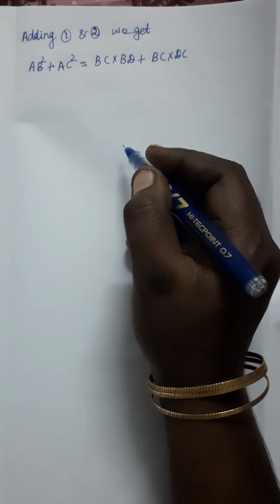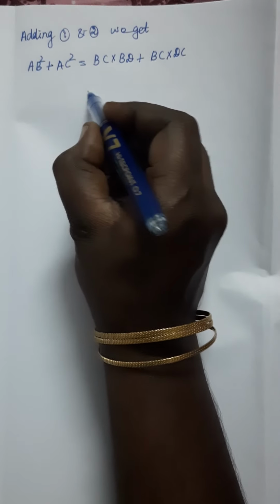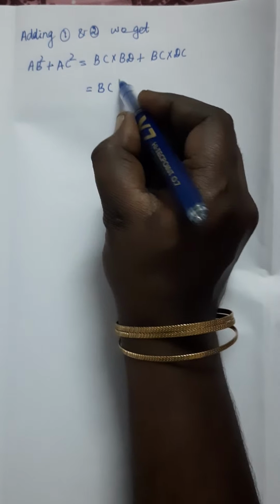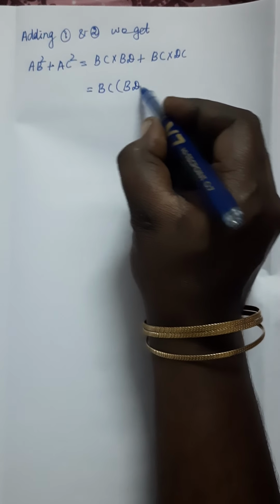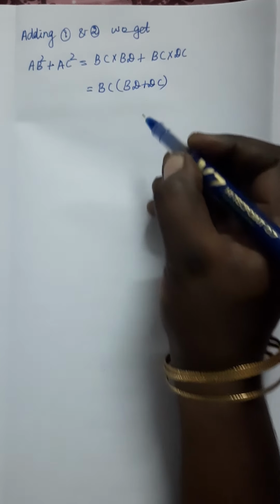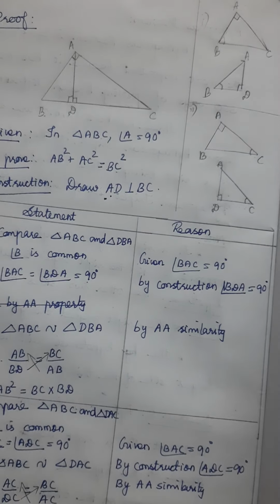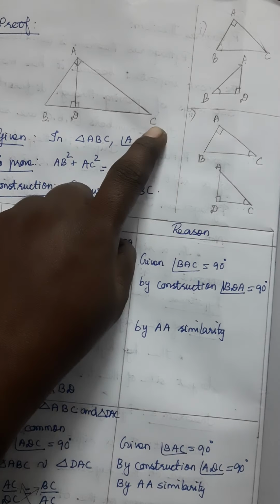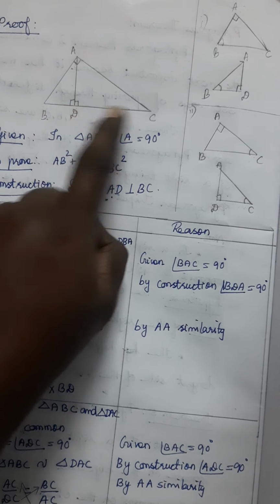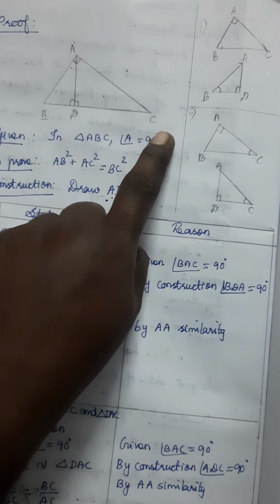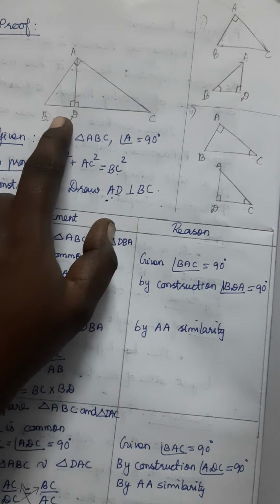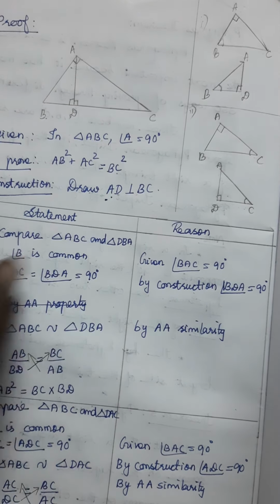Now we can take the common BC outside, that is equal to BC into BD plus DC. Now you see the diagram, what is the value of BD plus DC? It is totally BC. So we can say BD plus DC is equal to BC. Are all clear?